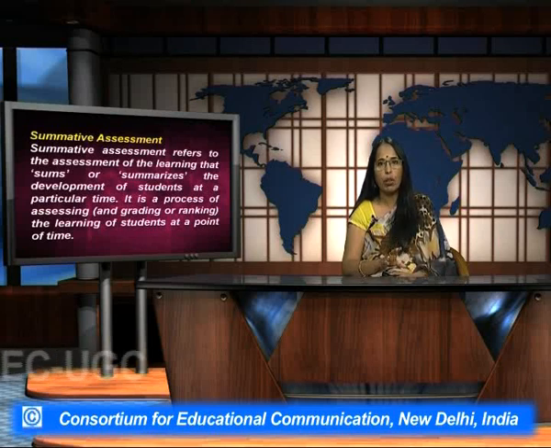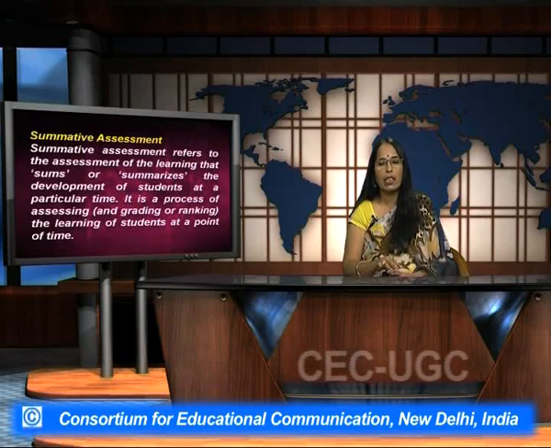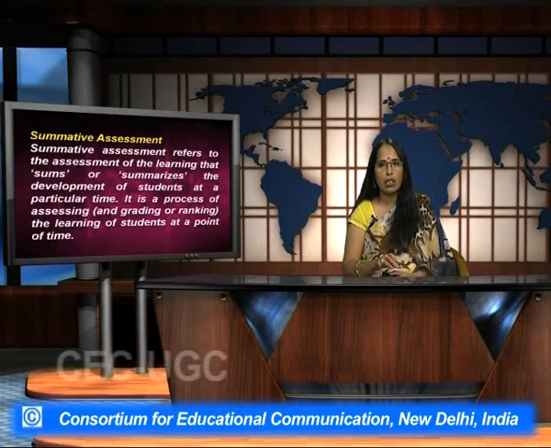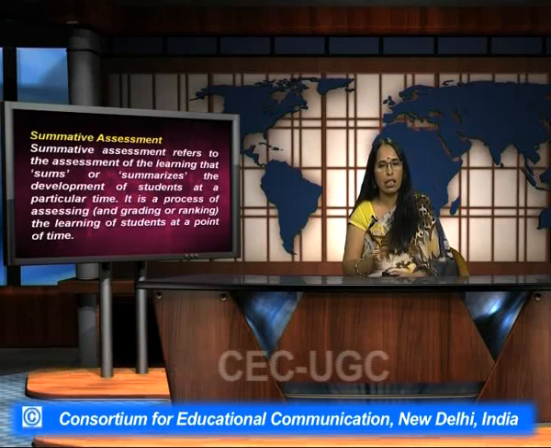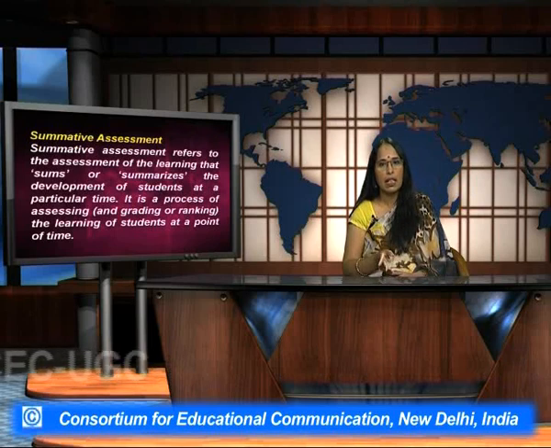As I gave you the example of English and mathematics, despite the fact that the student has gained 85 marks out of 100 in English, he is rated as an A category student in English, and the same student who has scored 85 in mathematics is graded or ranked as B category.